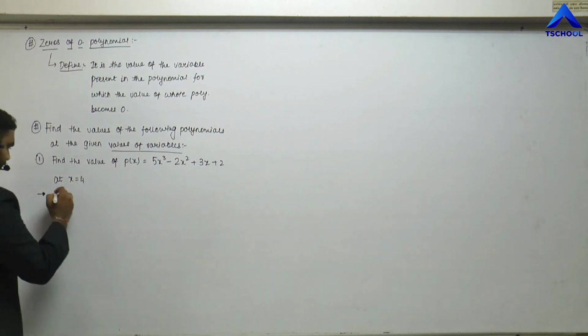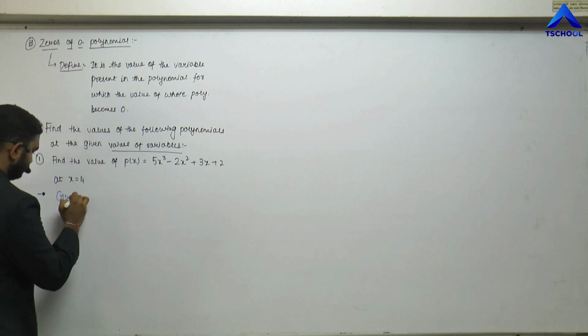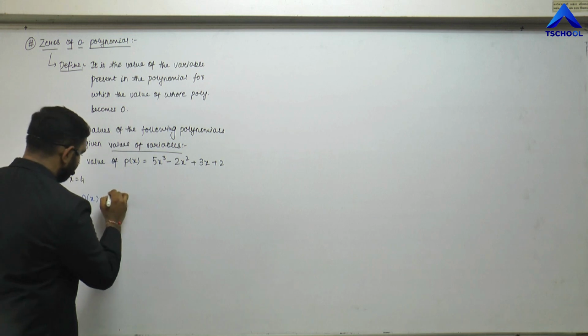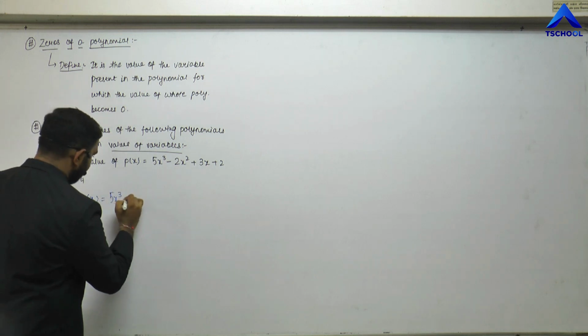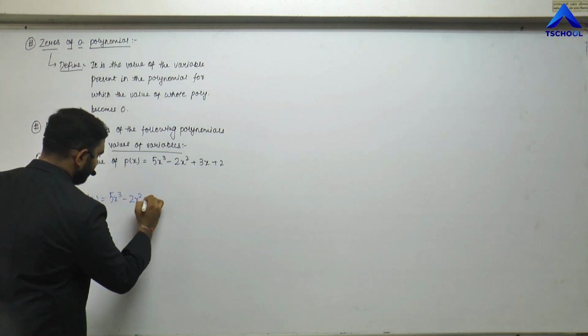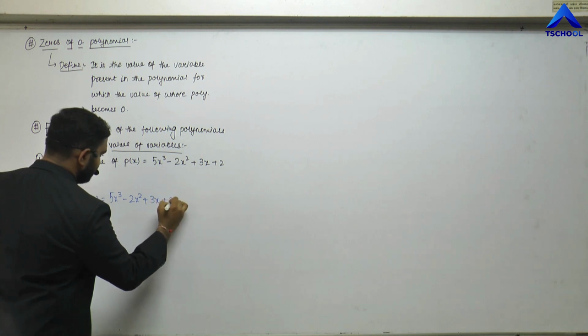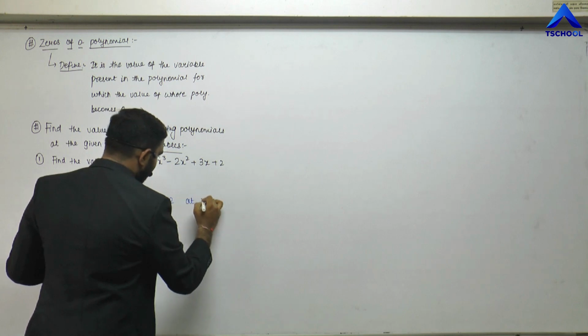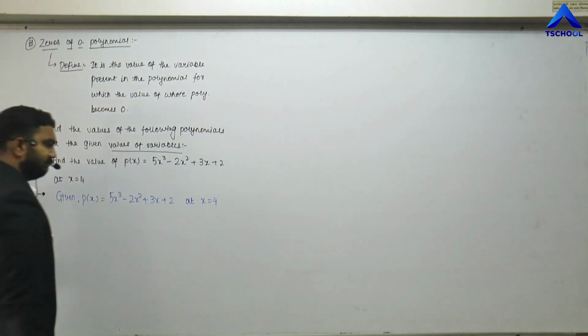So given p of x equals 5x cube minus 2x square plus 3x plus 2, right? And we need to find it at x equals 4.